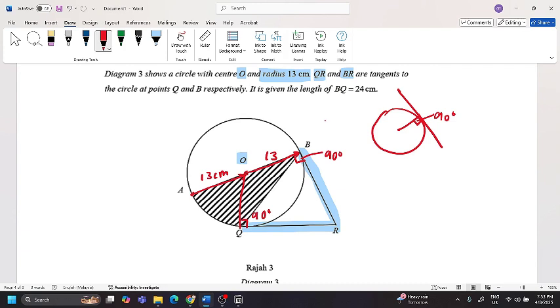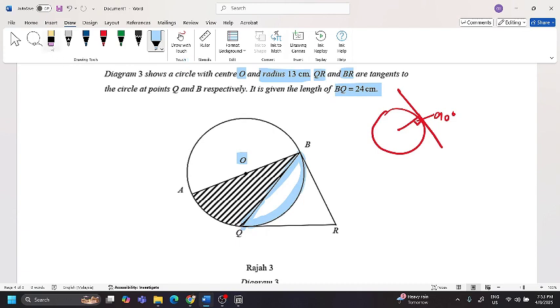And it's given that the length of BQ is equal to 24 centimeters. Which line is BQ? Here some students will get confused. Is it the straight line or the arc, the curve one?